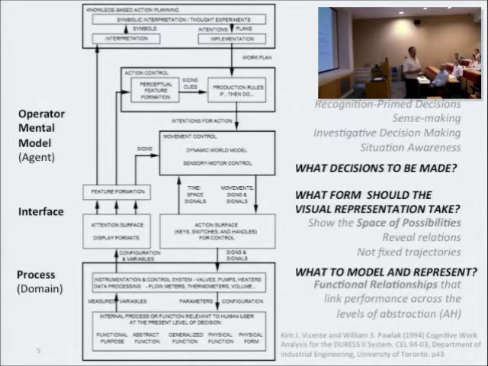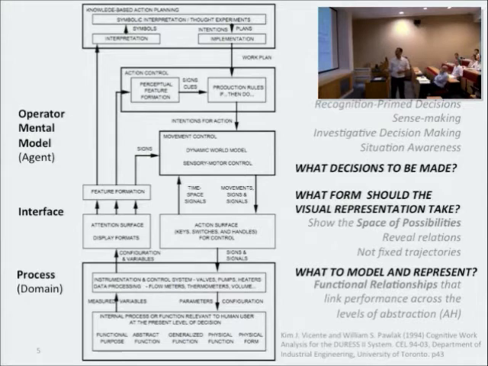All right. What we have here is a very old diagram that was published in 1994 by Vicente and Pollock to describe the underlying model of how you can map three things together.